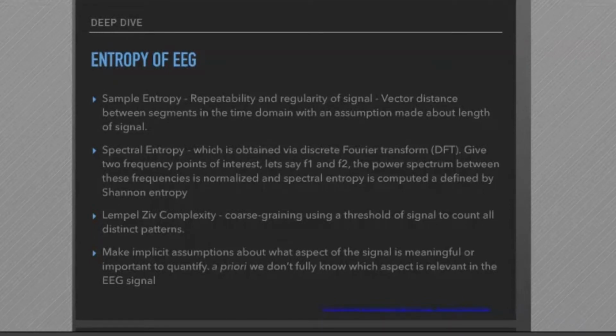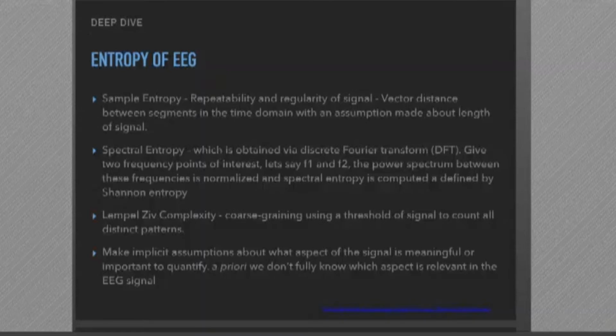Here coarse graining is done where the analog signal is taken and made into zeros and ones based on a thresholding. And different distinct patterns are measured. So the more patterns that we can count, the more random the signal is. And fewer the patterns, the more regular or repeatable the signal is.